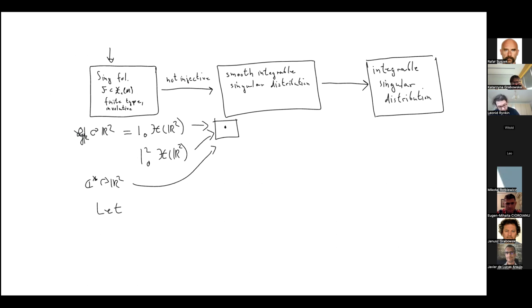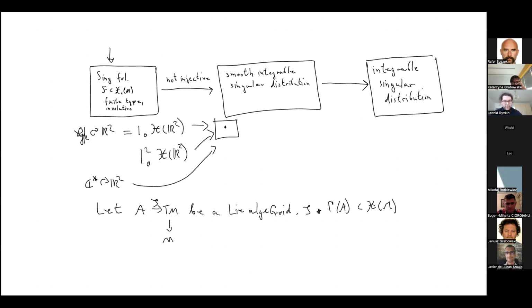Let A, rho to TM, be a Lie algebroid. If we then use the anchor of the Lie algebroid to generate something in the vector fields, this will be a singular foliation.